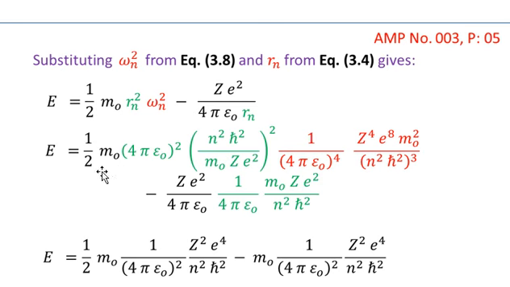In the second term, Rn is in the denominator, and you will see that I have substituted the value of 1 over Rn in green color.